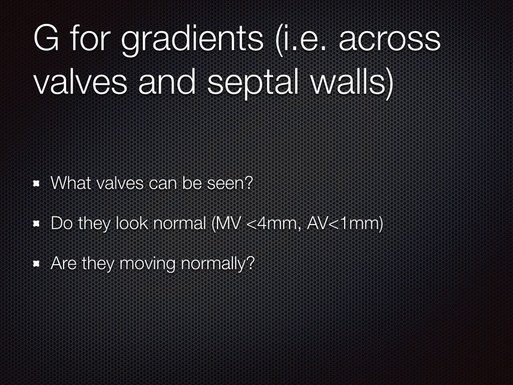We know that the valves often flip up and close during the cardiac cycle. Is there a restriction to movement, or is there abnormal movement, say a paradoxical movement that you've seen? Again, we're looking for quite grossly abnormal things. And lastly, there may be some application of colour Doppler on some of the clips you see. And so, is this showing abnormal flow, such as regurgitation across the valve?